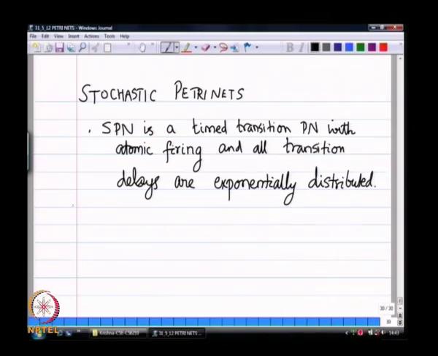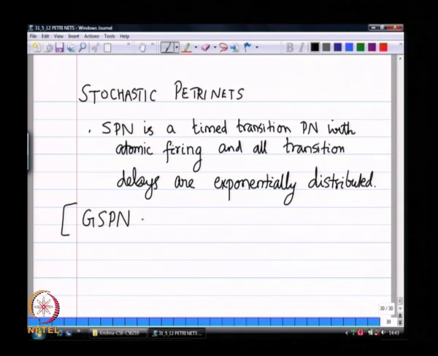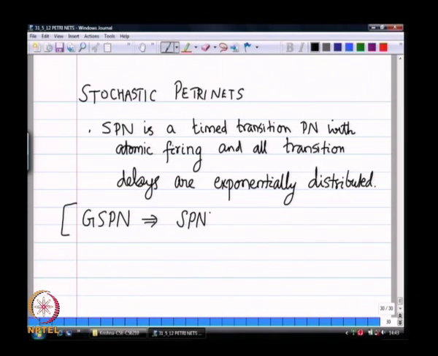And there is also another class called GSPN or generalized stochastic Petri net, okay, which is basically a stochastic Petri net with two kinds of transition delays. One is instantaneous firing and one is exponential time firing. That is what is called a generalized stochastic Petri net, okay. So this is a stochastic Petri net with both instantaneous transitions and exponential delay transitions.